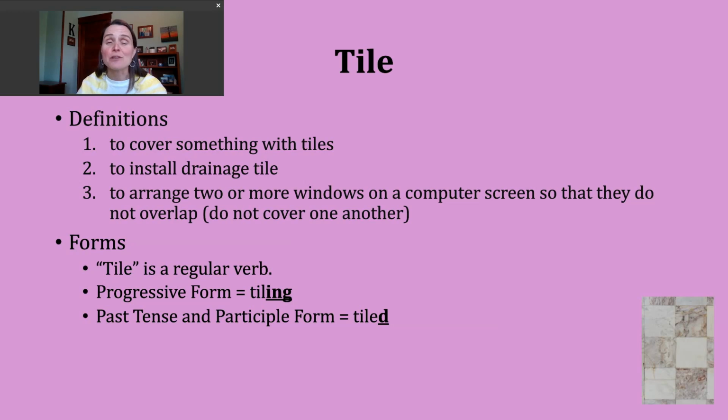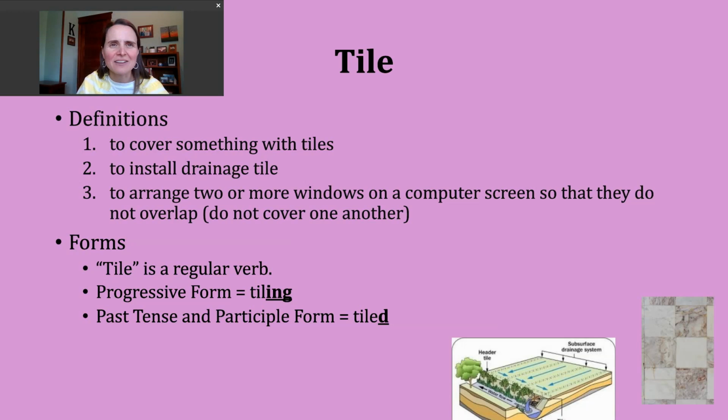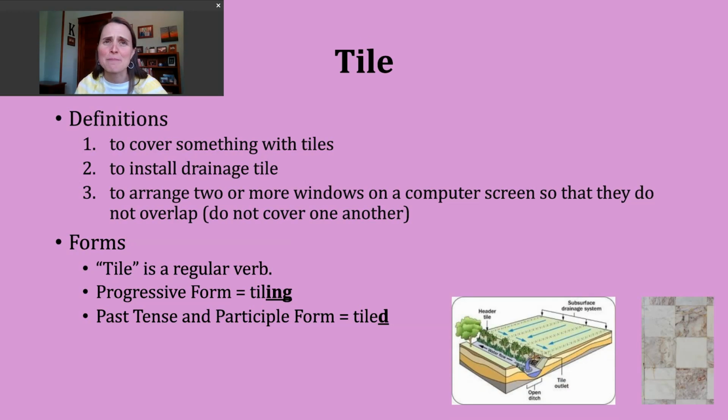Now, a second way you might hear this verb used is more common with agriculture and with farms. So it can mean to install drainage tile. And again, that might not mean a lot.